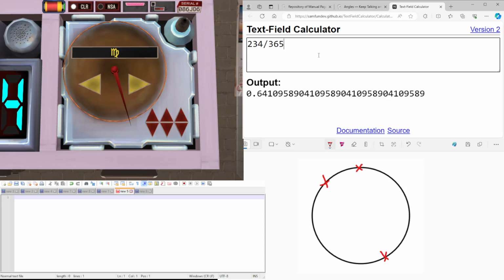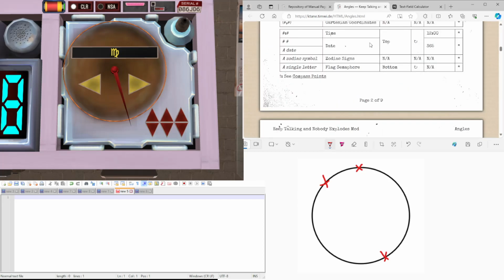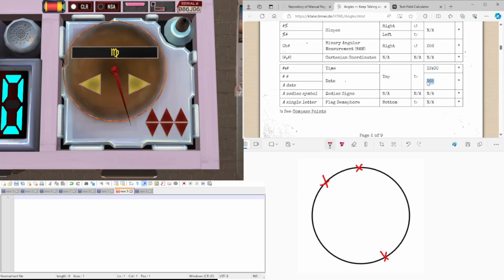I'm going to put this 365, which is how much is one full turn, and starting from the top. So let's go 1, 2, 3, 4.